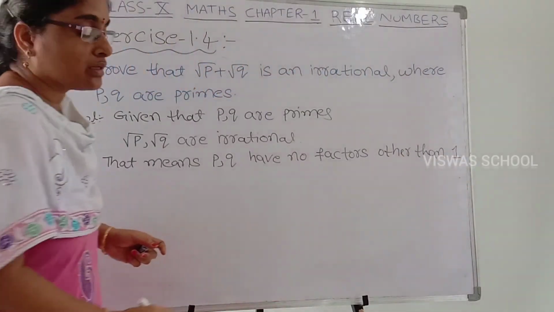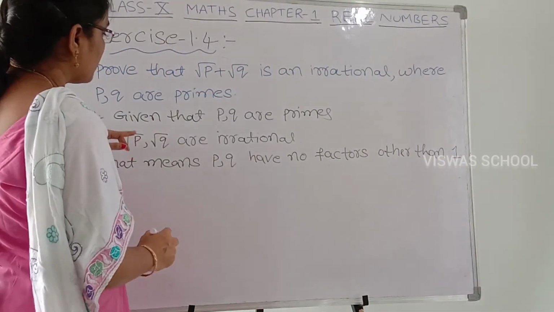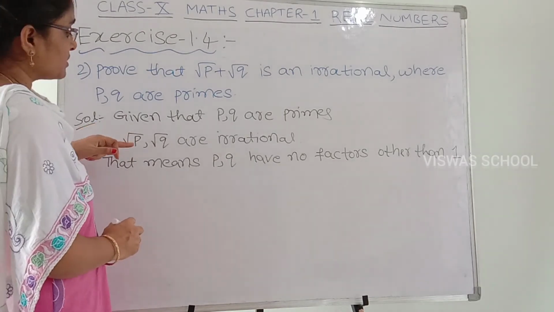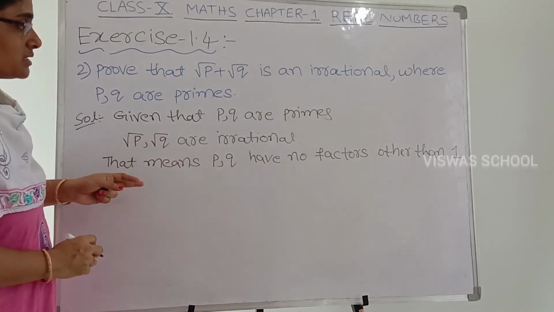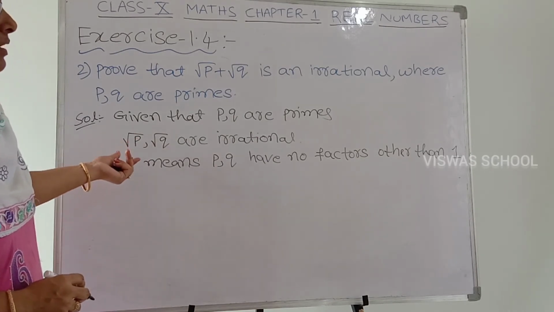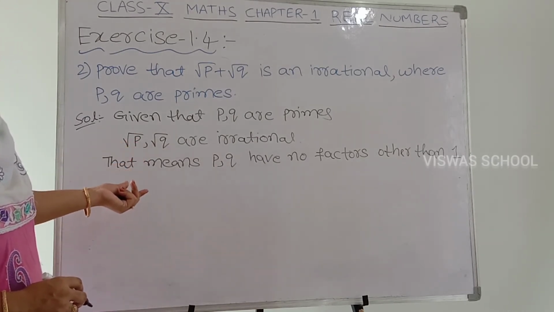That means here, P and Q are primes, then root P and root Q are irrational numbers. If it is irrational, it means here they don't have factors other than 1.